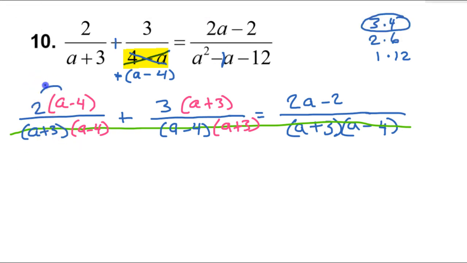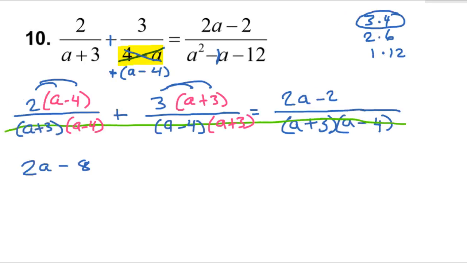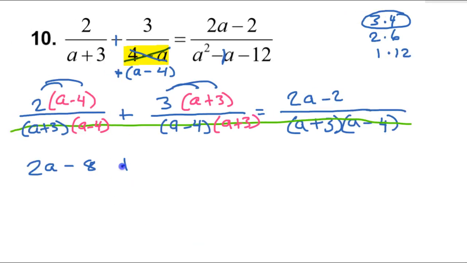So I'll go ahead and do the distributive property now. So that's going to give me 2a minus 8, plus 3a plus 9 is equal to 2a minus 2. So it looks like we've got some like terms here.